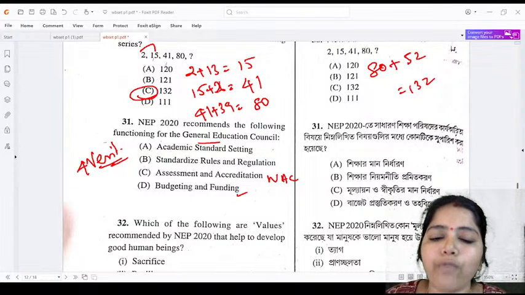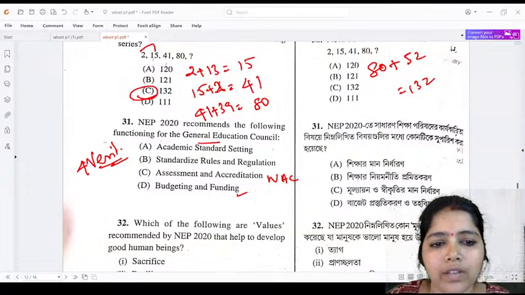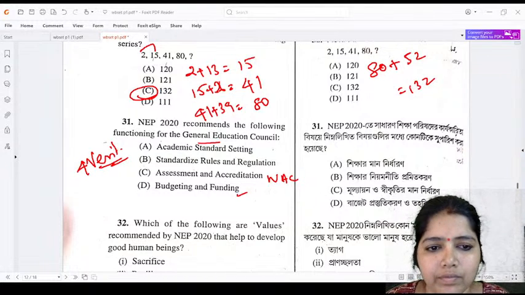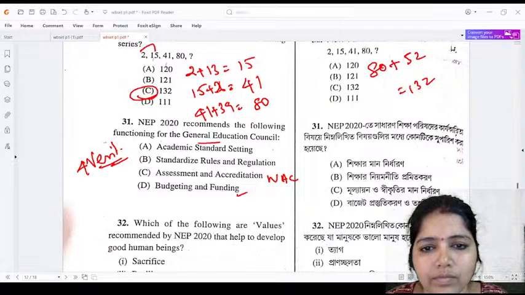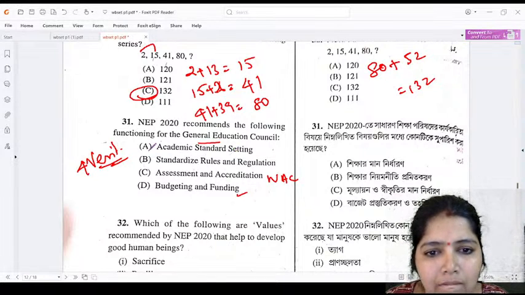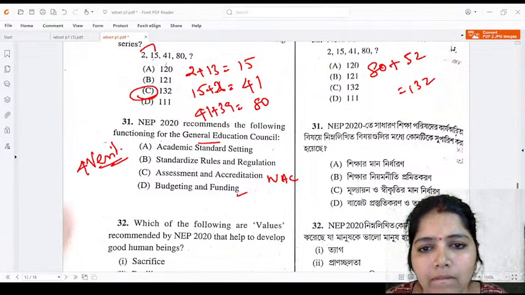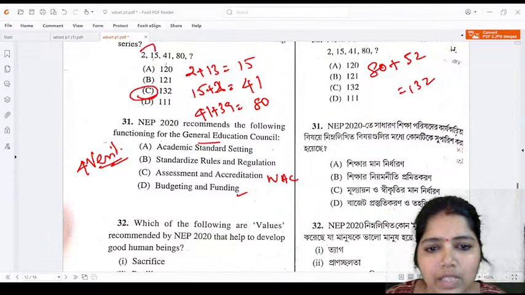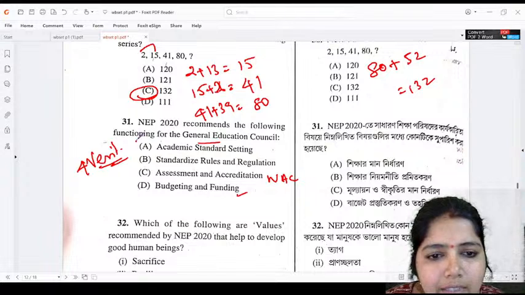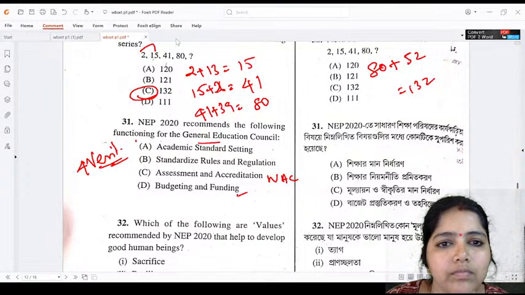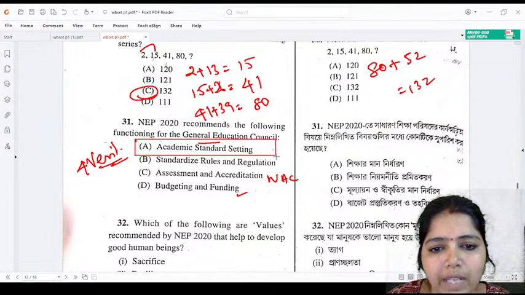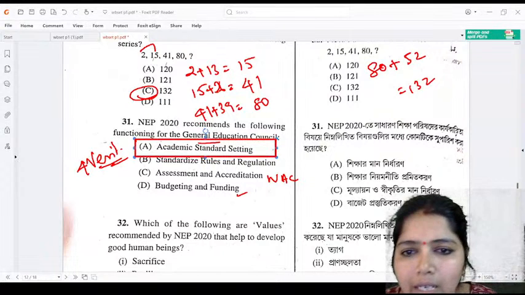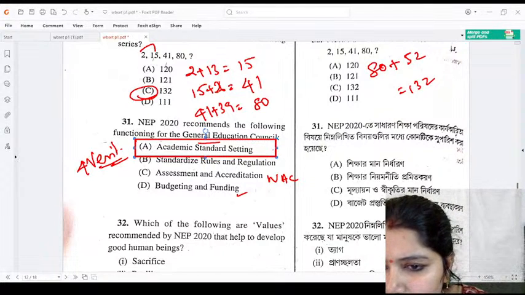This comes under the four vertical pillars, okay? The main role is academic standard setting. This will be the right answer. Clear, learners?